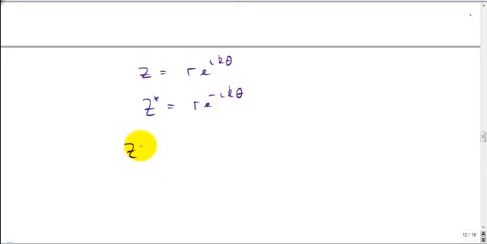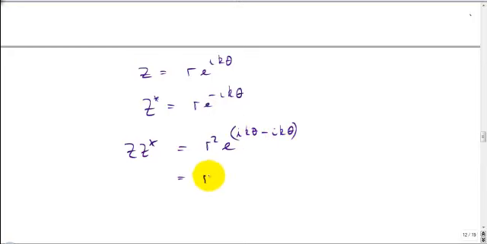Now, if we multiply that complex number by its complex conjugate, what are you going to get? You're going to get r squared e, and when you multiply two powers, you add the powers. So it's e to the i k theta minus i k theta.